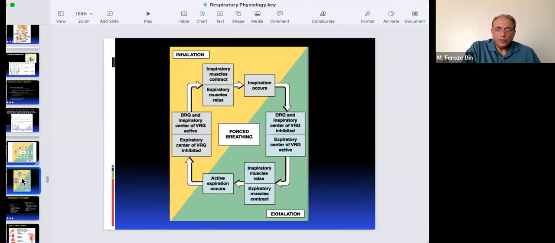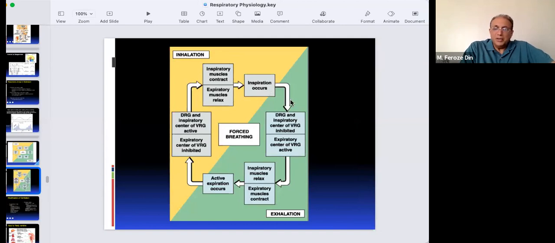But if it is forced breathing, when we are exercising, when we have to provide more oxygen to the tissues, then during inspiration, the expiratory center, of course, is inhibited. The dorsal group is active. Inspiratory muscles contract. Inspiration occurs.